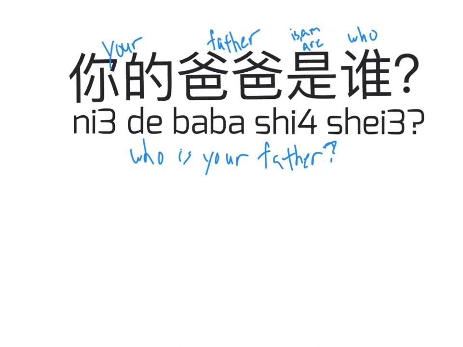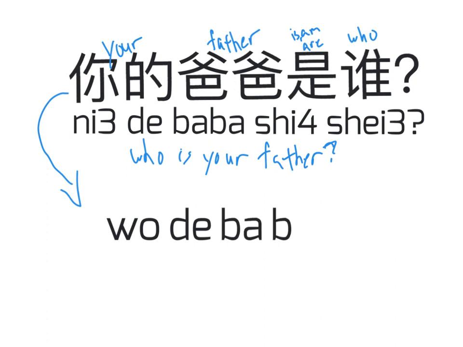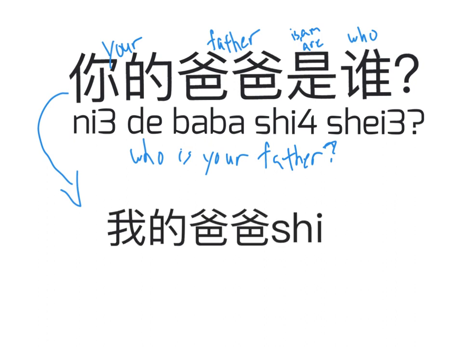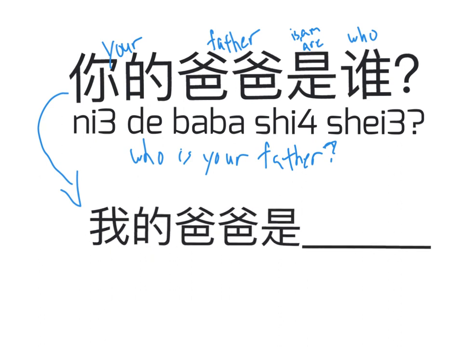Now, how do we answer it in Chinese? Again, using what we learned from the past example, we have to change the 你 to 我. So the answer would look like this. 我的爸爸是. Now again, notice the differences.